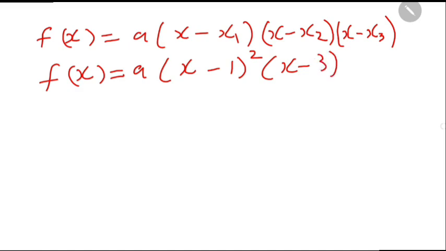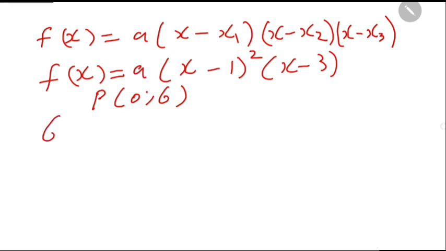So we're gonna use another point to find the value of a. The graph also shows the y-intercept at point P, which is (0, 6). So the y-intercept, x value 0, y value 6. I'm gonna substitute this point into the factored form of the function to solve for a.